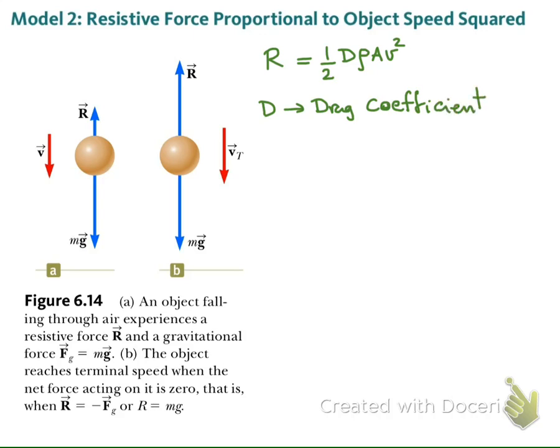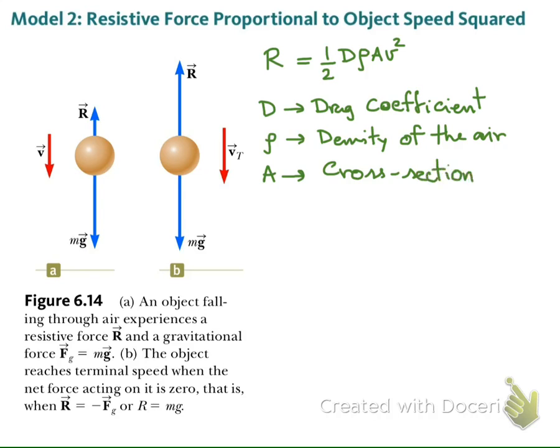Rho is the density of the air, and A is the cross-sectional area of the object.